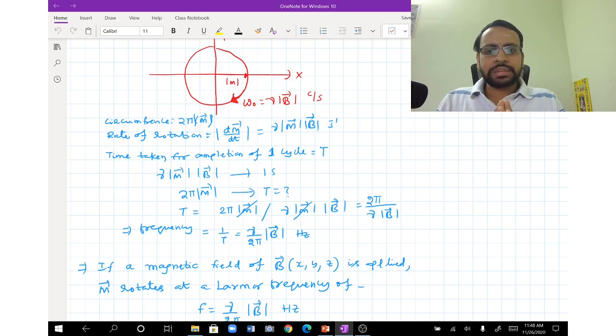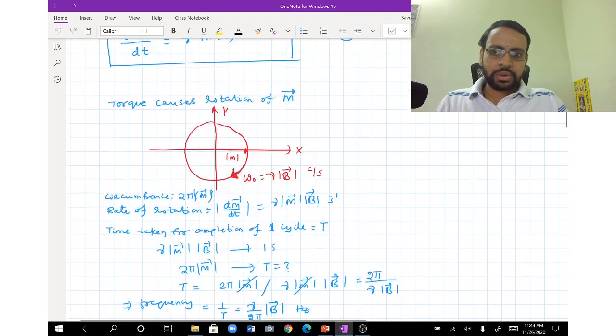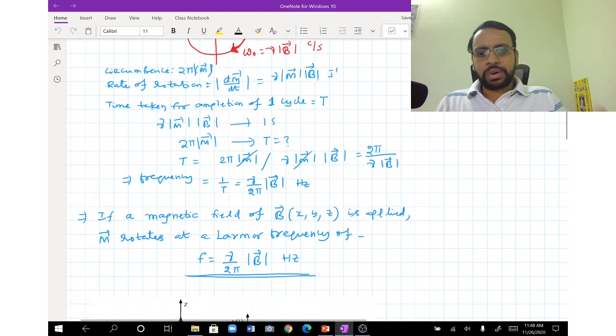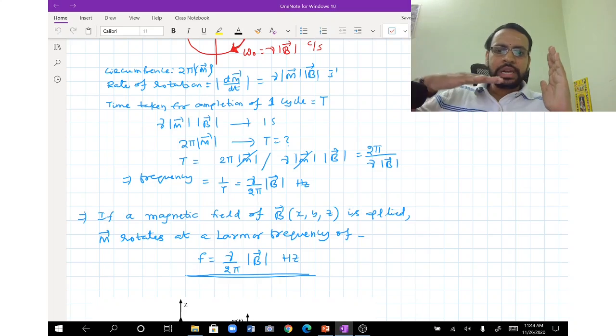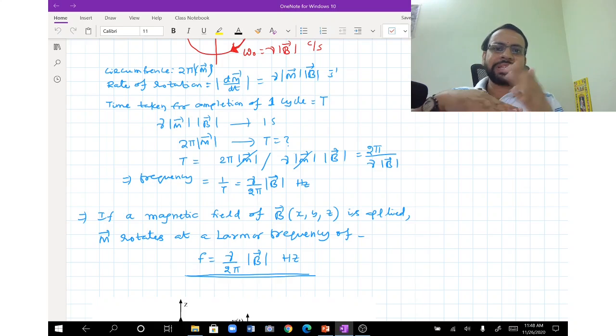This equation is not something we have come across here for the first time. It's the same frequency as when you compute how a dipole would be moving around its axis. This is telling you, again, the summary of this is, if you are applying a magnetic field, then M bar, this is what we referred to as Larmor's frequency in our previous classes while doing analysis using quantum physics.